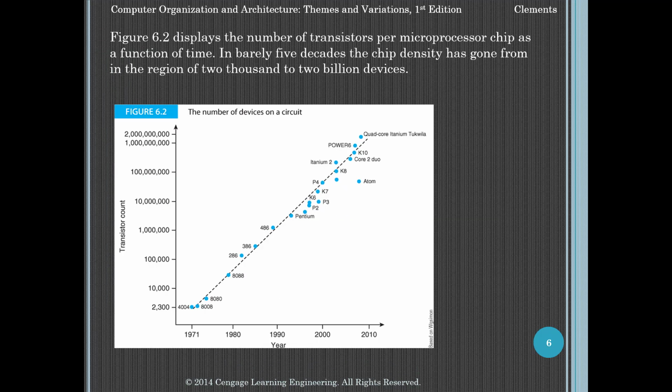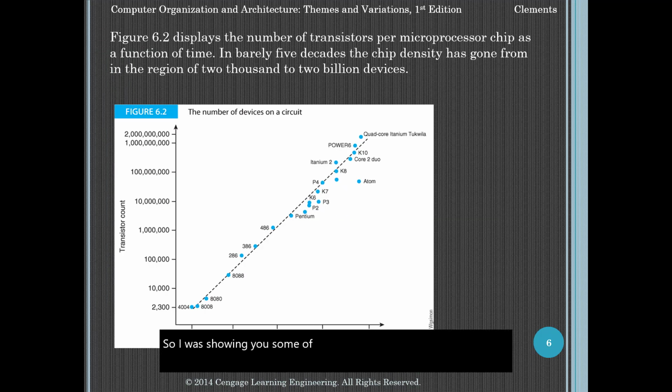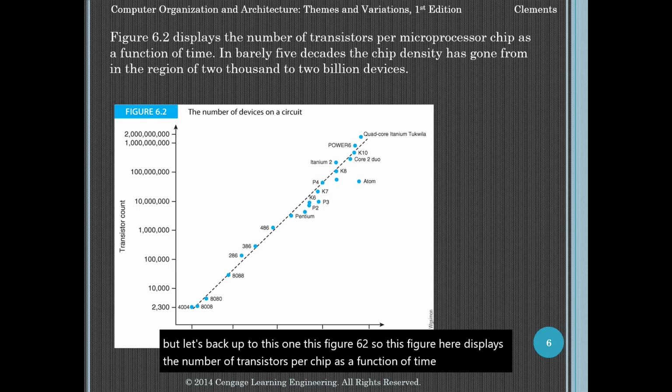So I was showing you some of these graphics as I talked about this, but let's back up to this one, figure 6.2. This figure displays the number of transistors per chip as a function of time. And you can see here in barely 5 decades, the chip density has gone from in the region of 2,000 to 2 billion devices, which is really hard for a human brain to even think about when we look at these microprocessor chips.